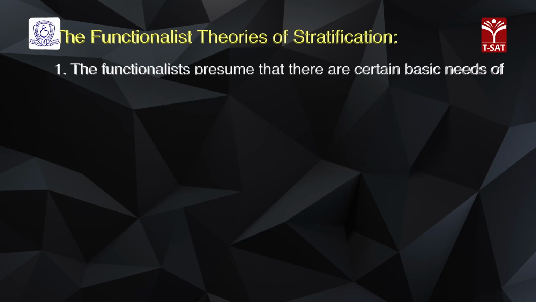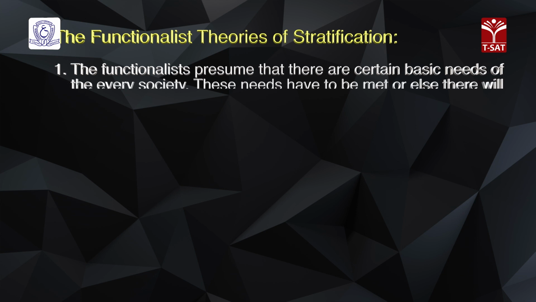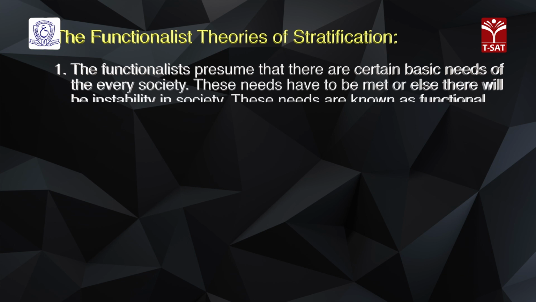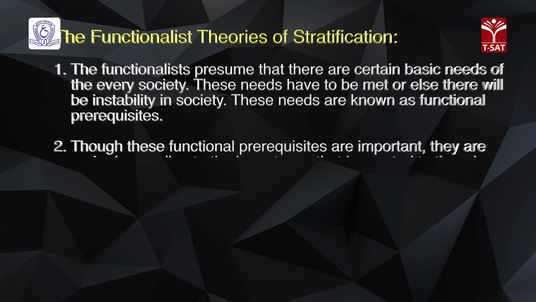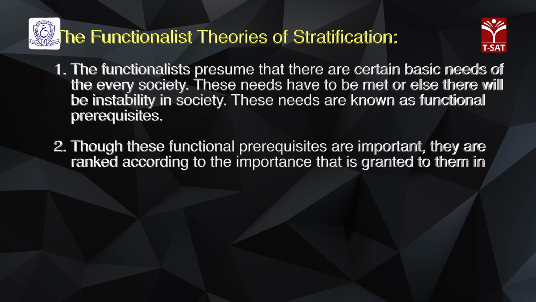The functionalists presume that there are certain basic needs of every society. These needs have to be met, or else there will be instability in society. These needs are known as functional prerequisites. Though these functional prerequisites are important, they are ranked according to the importance that is granted to them in society.